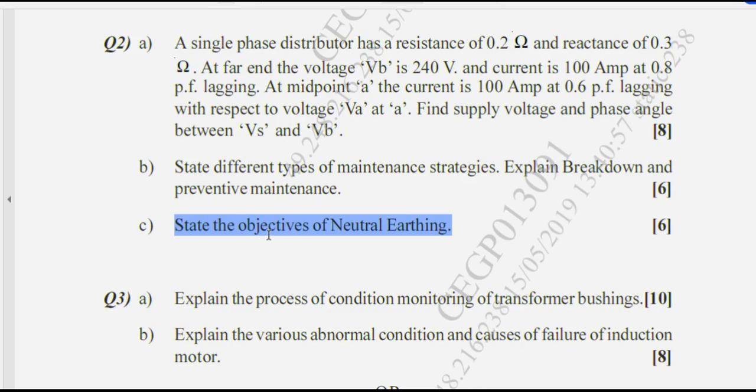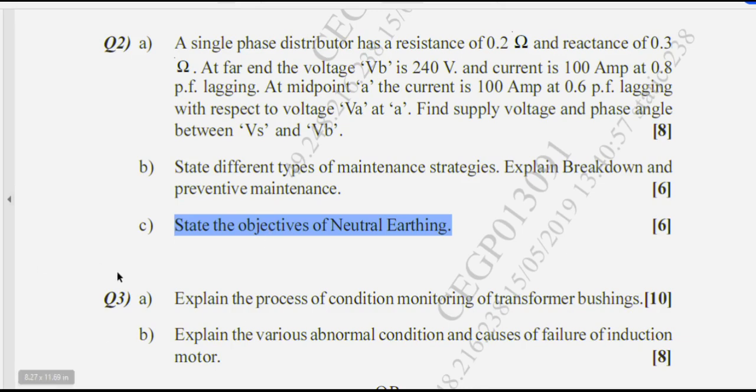Earthing is a procedure of connecting the apparatus directly to the earth conductor, so that whenever extra charges, over voltage or over current occur on that particular equipment, those extra charges pass directly to the earth.